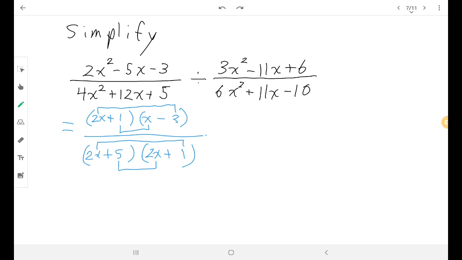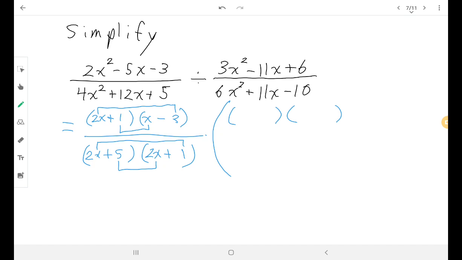So we have kept the first one and factored it. Now we need to change to multiplication, and now we need to start flipping and factoring the second one. So this is what I'll work on factoring first, and that factor will go on top because I'm flipping things over.